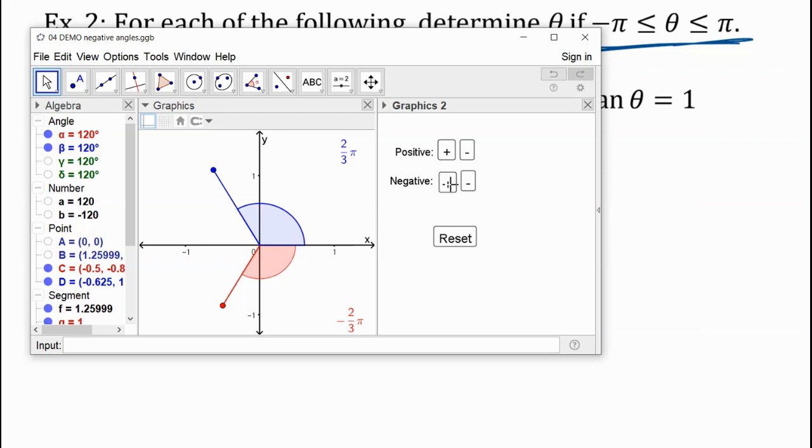So I've traveled through 2 quadrants, but I've landed in quadrant 3 because I went the other direction. The related angle is still going to be pi by 3, but if the angle is negative 2 pi by 3, I'm in quadrant 3.